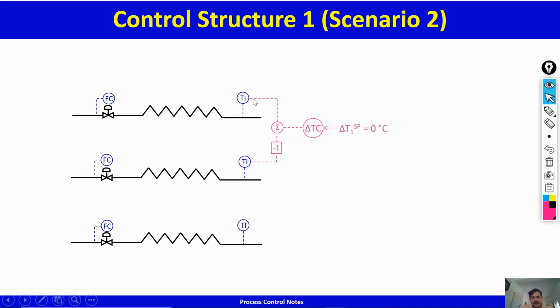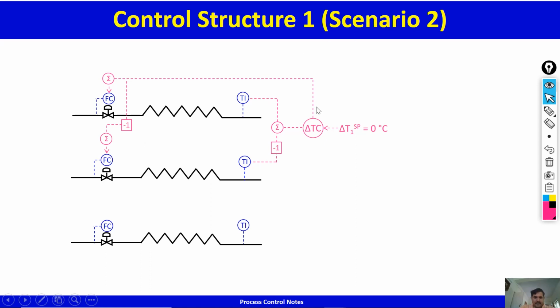You've got T1 and you've got T2, you subtract the two and what you get is delta T. Then you have a delta T controller, and its set point is 0 degrees Celsius. 0 degrees Celsius is chosen so that T1 is equal to T2. This delta T controller, delta TC, makes a change in F1, and the same amount of change with a negative sign is implemented in F2.